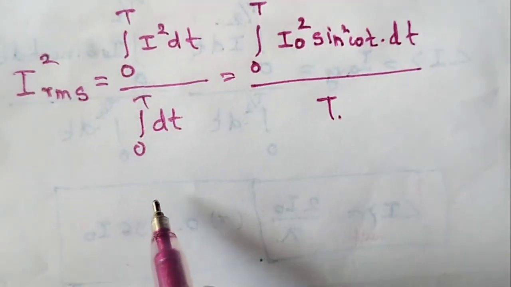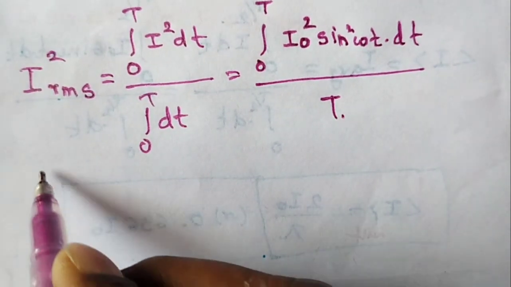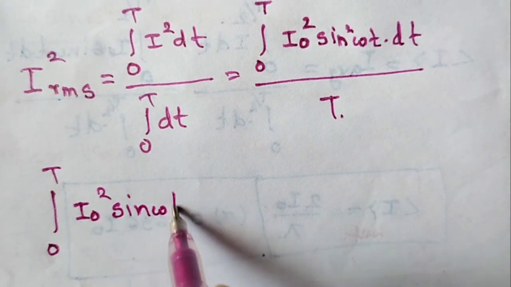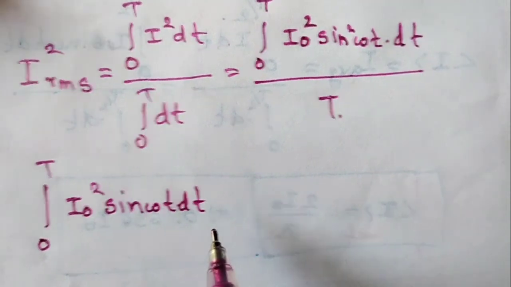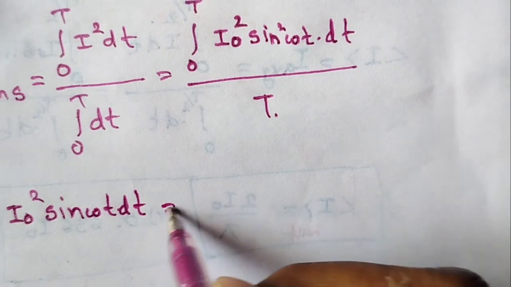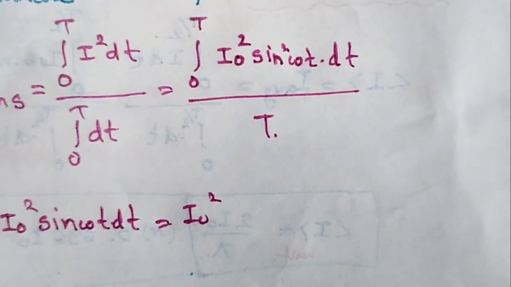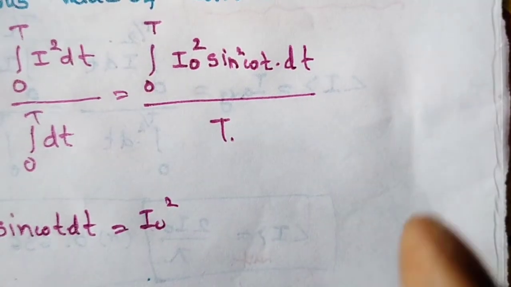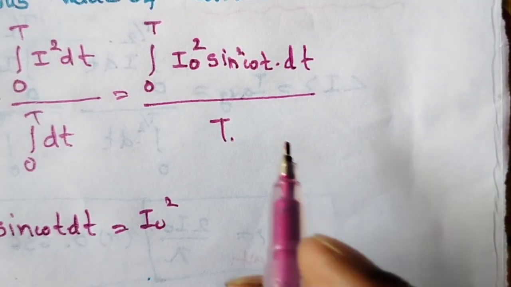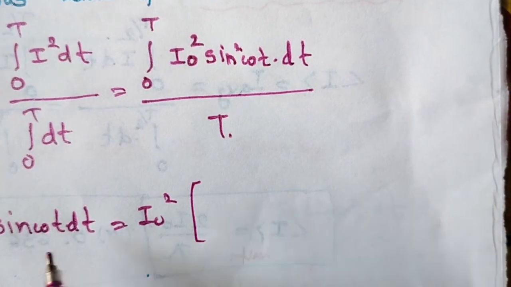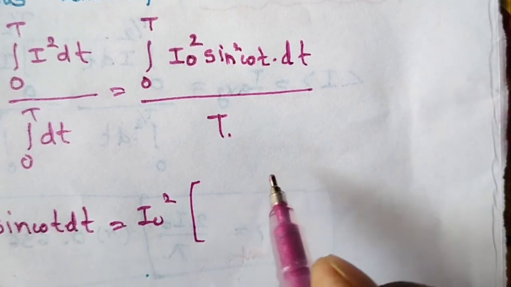So here I have the integration 0 to T I naught square sin square omega t dt. I naught square is outside. So here the integral is sin square omega t dt.